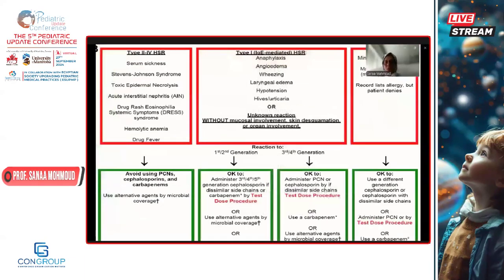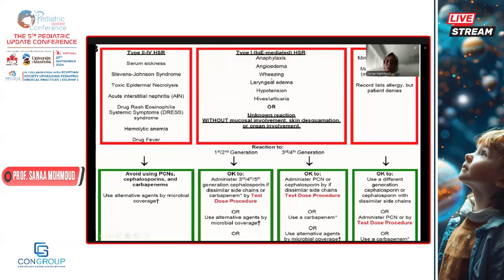How about cephalosporins? It is the same. If it is type 4, 2 or 3 and 4, avoid. Mild reaction, use a different generation of cephalosporin with dissimilar side chain. Or if you want to use penicillin, use a test dose, or you can use the carbapenem.